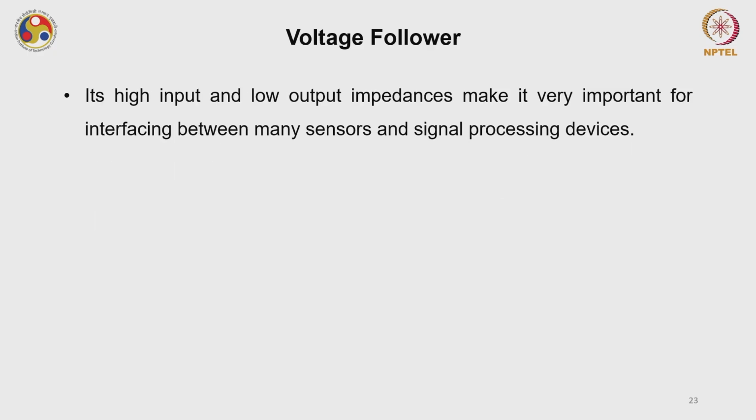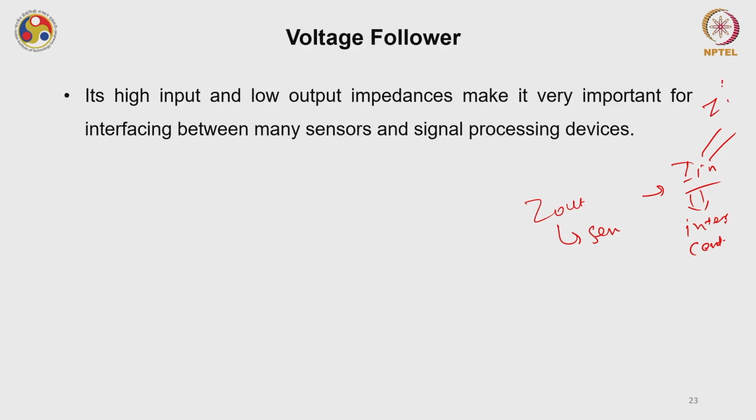So, its high input and low output impedance make it very important for interfacing between many sensors and signal processing devices. Basically what is happening is the Z out from the sensor has to be matched with Z in of the interface circuit. However, in turn this has to be matched with the load resistance input.